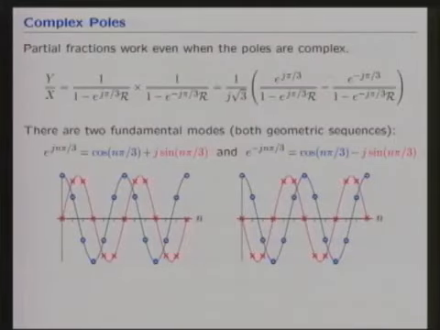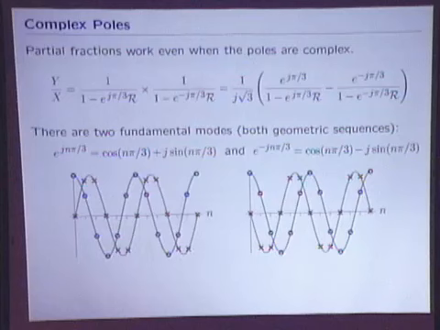So complex poles, one of the interesting things about polynomial math, complex numbers work like any other number. Not surprisingly then, complex poles in a linear system work sort of like any other pole. The fundamental mode associated with any pole is p naught to the n.